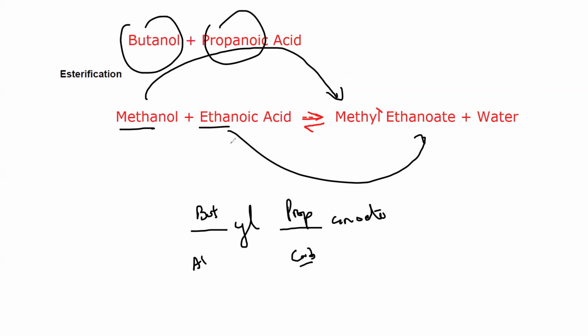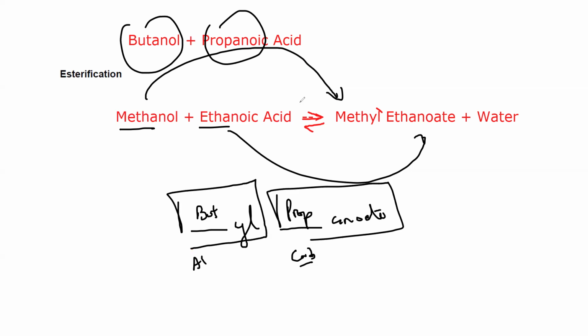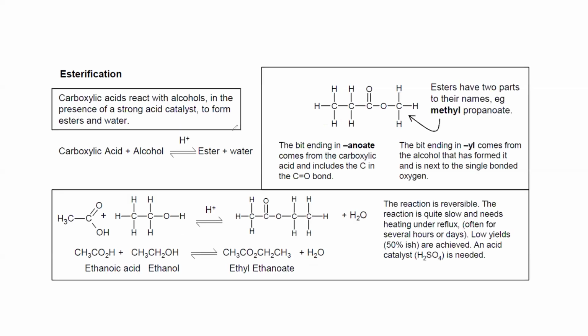So butyl propanoate. The first name is always from the alcohol, and the second name is from the carboxylic acid. Is this concept of formation of ester clear, and the reverse is known as hydrolysis? We use sulfuric acid as a catalyst for this reaction.